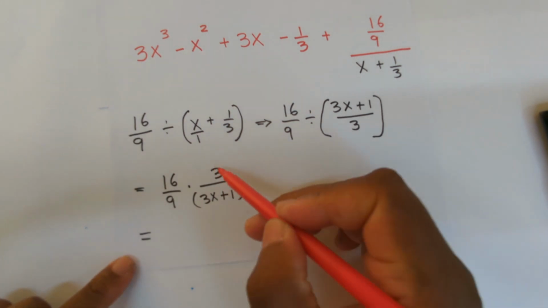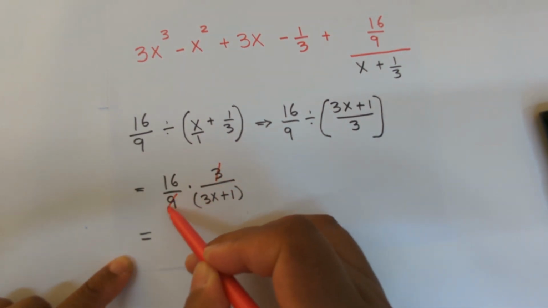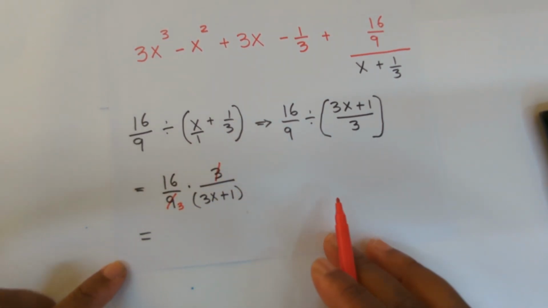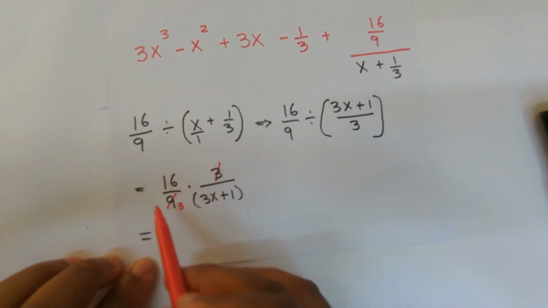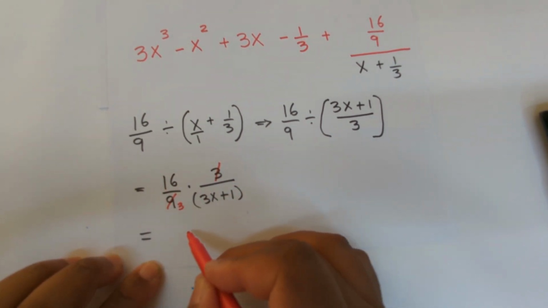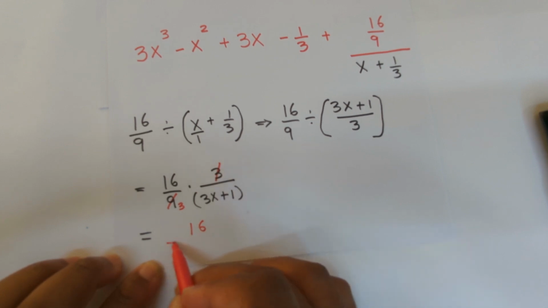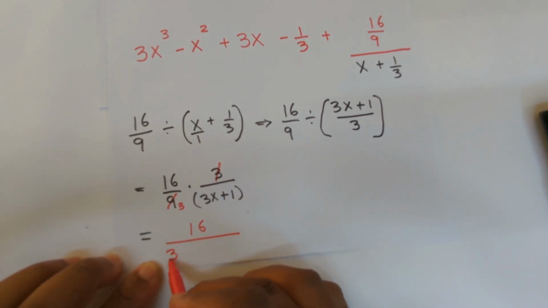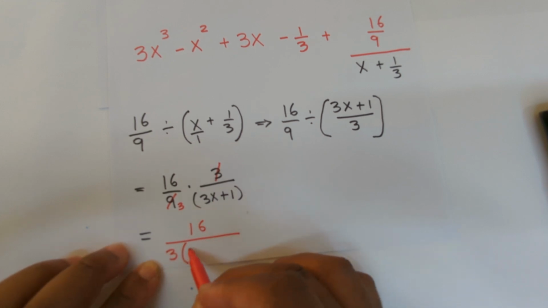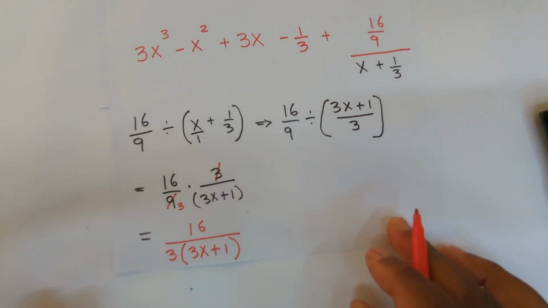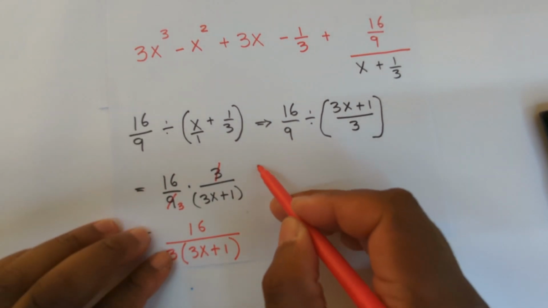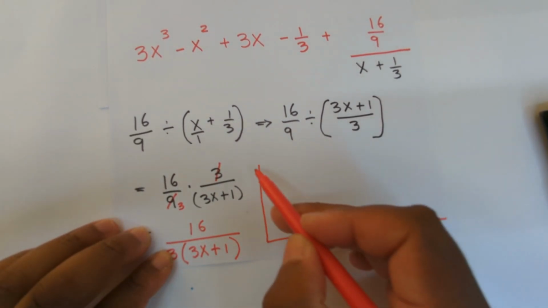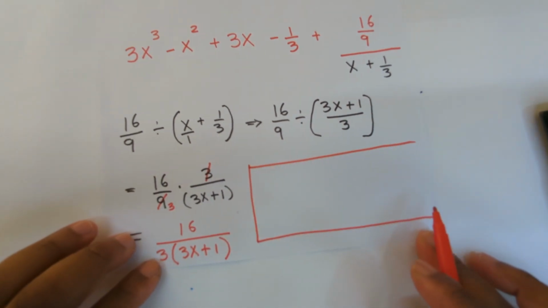When we divide 3 into 9, that's a 3. So our simplified remainder will be 16 divided by this 3, open bracket, multiplied by 3x plus 1, close bracket.